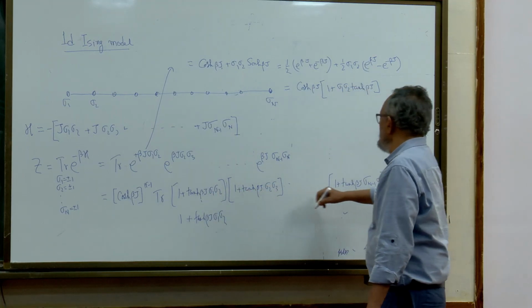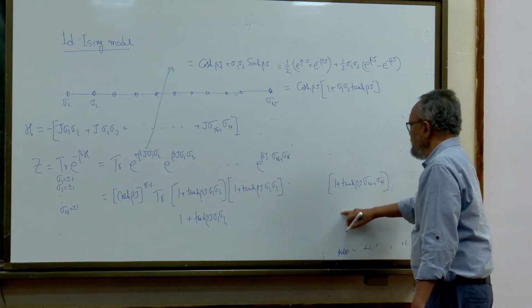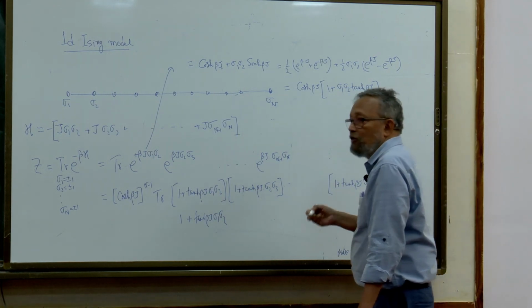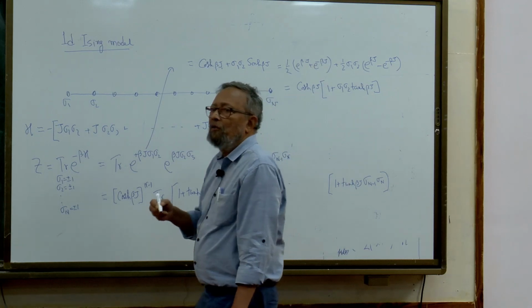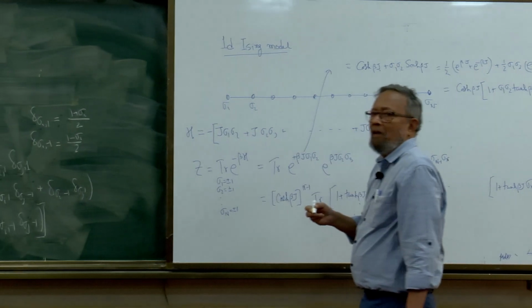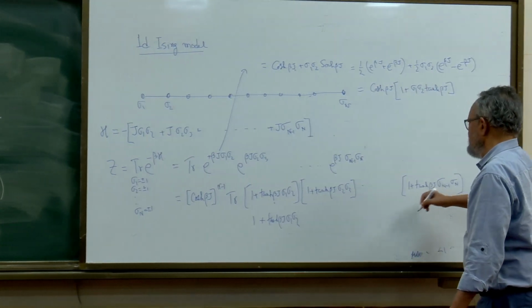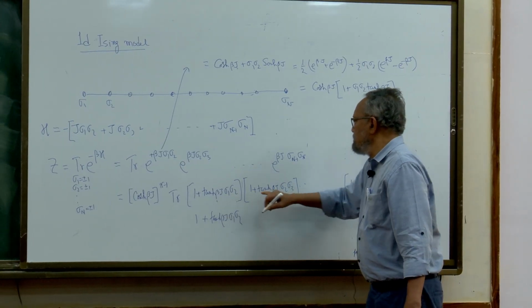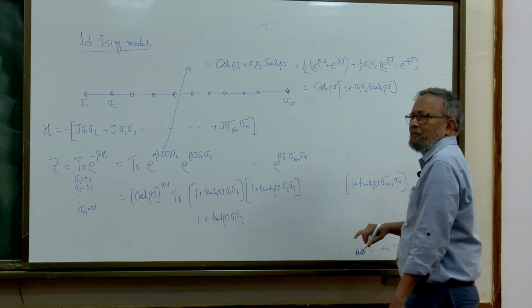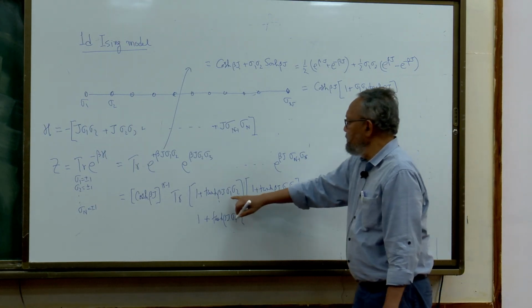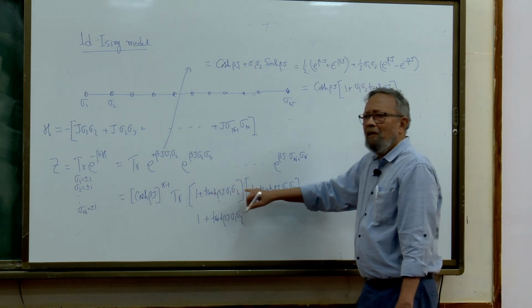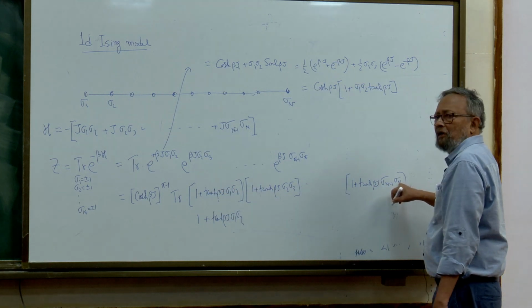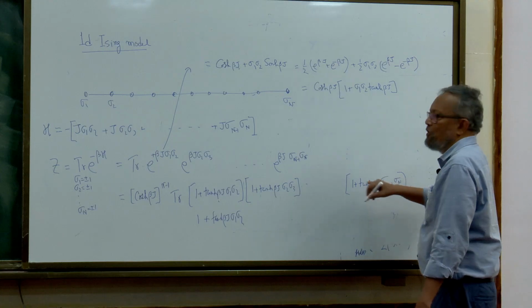And there is no term that occurs in this expansion that will not be 0 when you do this sum, because you can easily convince yourself. Take all of the tanh. Then you will be left with 1 sigma 1 at the left end and sigma n on the right, because all the other ones come twice.